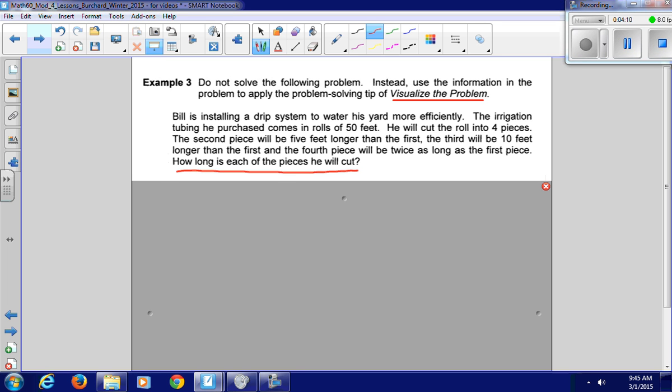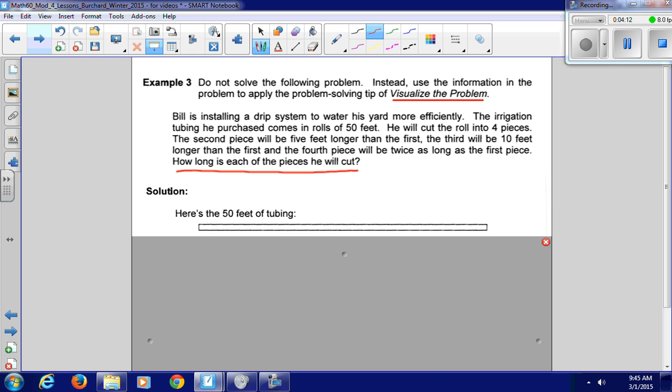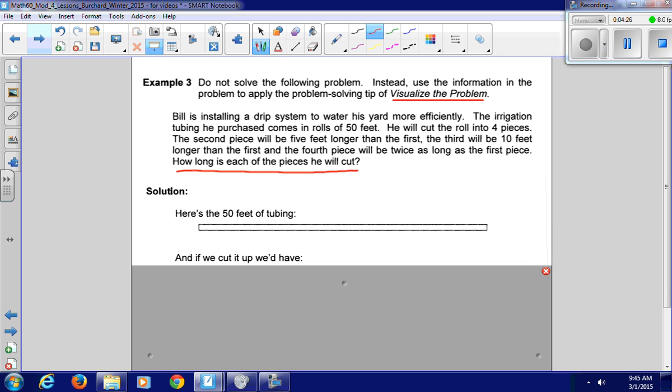And so that makes it easy for me to visualize. So first we draw out 50 feet of tubing. Remember, we're not interested in drawing this to scale or anything. We don't care if it's sloppy or neatly drawn. That's not the point.